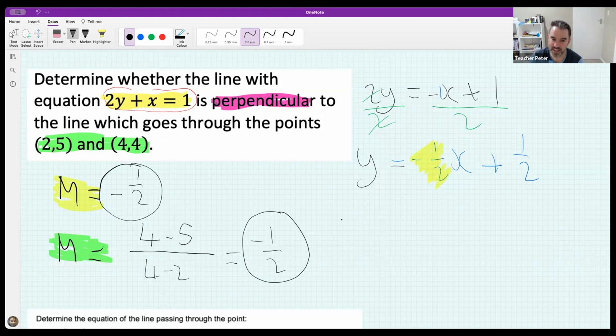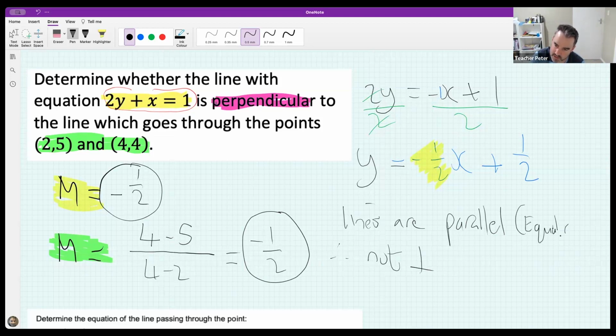Okay, so what it means is the lines are parallel, and therefore not perpendicular. So the lines are parallel because they have equal gradients. But remember, the question was asking, are they perpendicular?